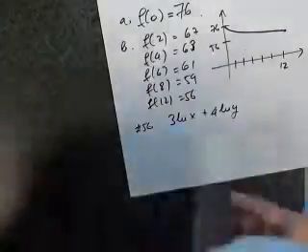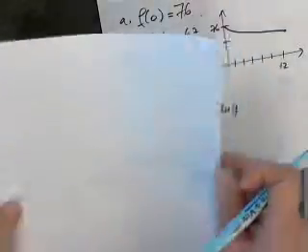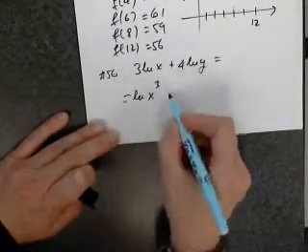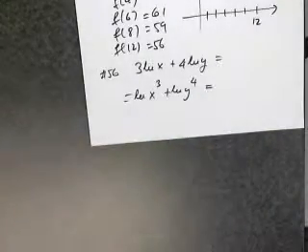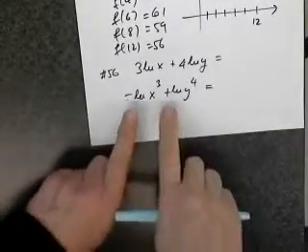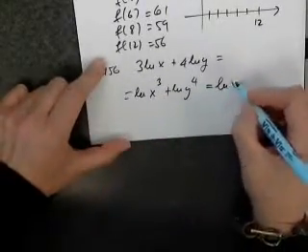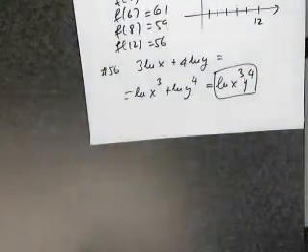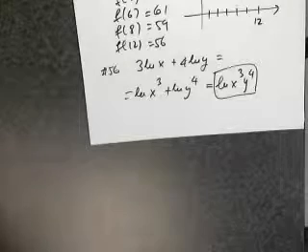Excellent. Yes, I have to write natural log x to the third plus natural log y to the fourth. Yes. And then, since both logs have plus in front, excellent. Very good.